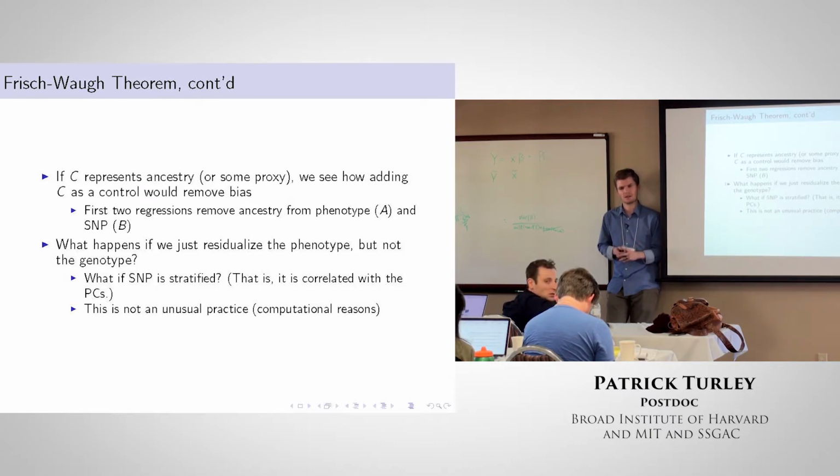I think there's an example that might make this clear. Suppose you want to look at things that predict lactose intolerance, and you control for these PCs. Presumably there's some variation in these lactose intolerance genes, even within East Asian populations, and some variation within Western populations.